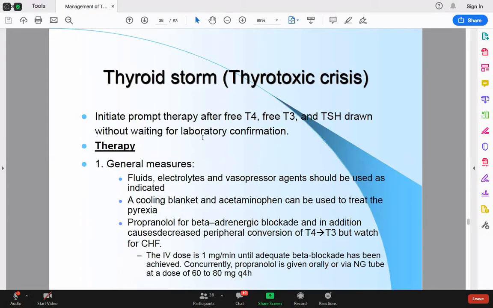Okay, how do we treat? Well, we treat with a lot of fluid and electrolyte replacement. You may sometimes give them vasopressin to improve their hypotension. You try to cool them down with blankets and Tylenol, and you give them the beta blocker propranolol to try to slow the conversion of T4 to T3, but be mindful of heart failure.